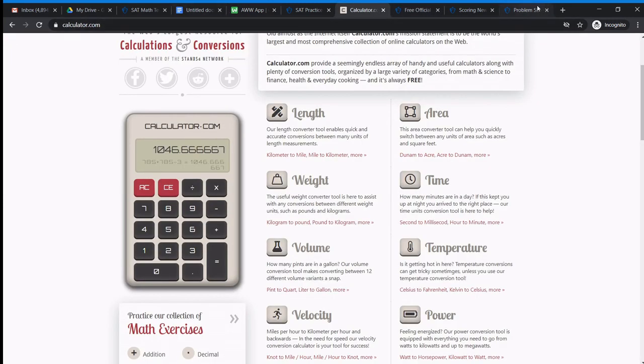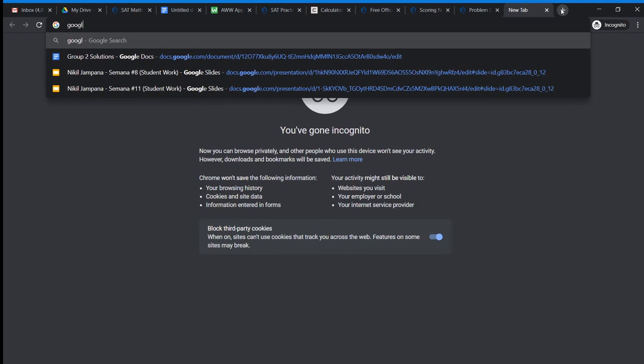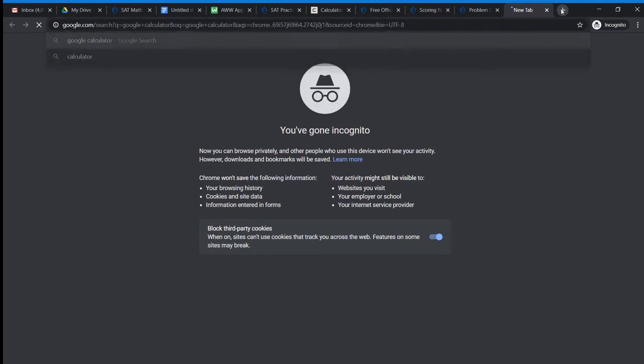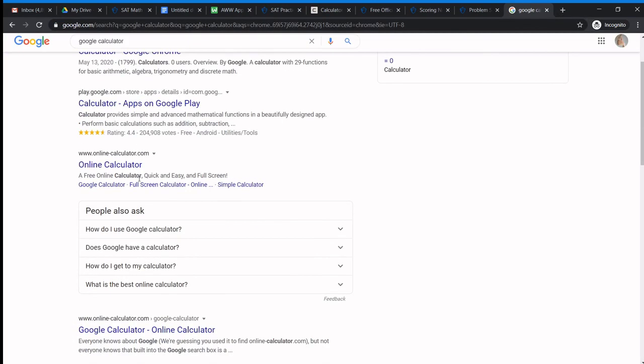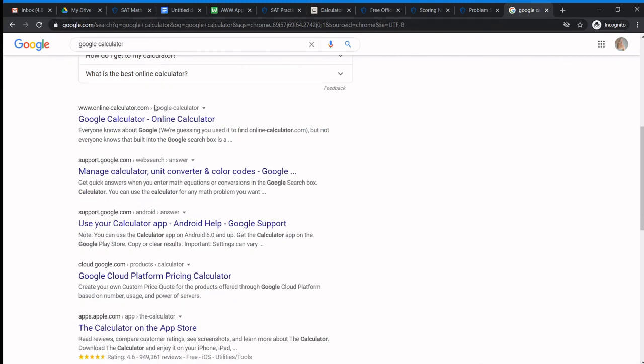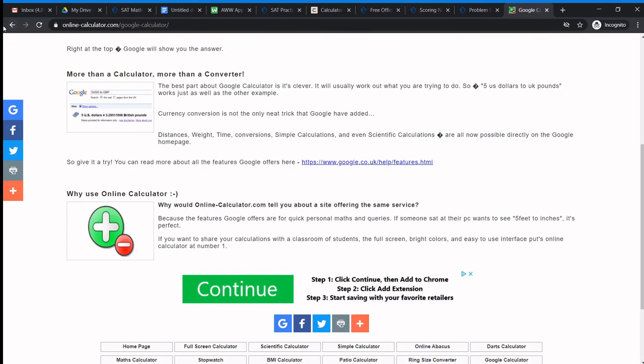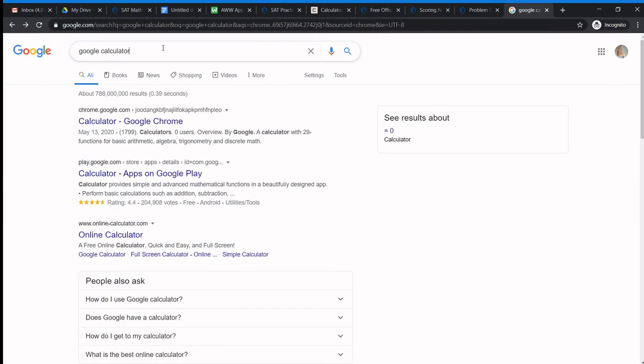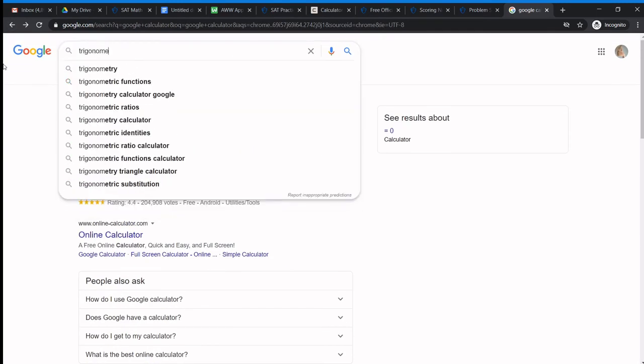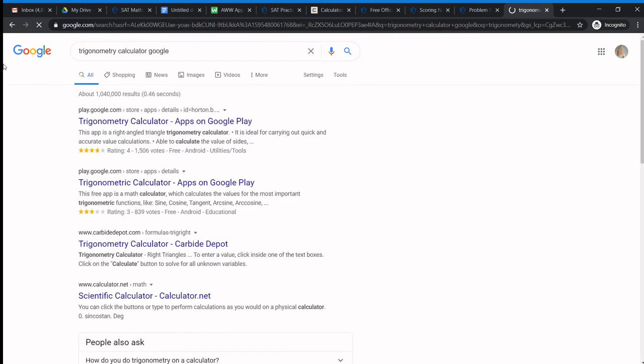Let's look up Google calculator, because this one doesn't work. Let's do a trigonometry calculator.